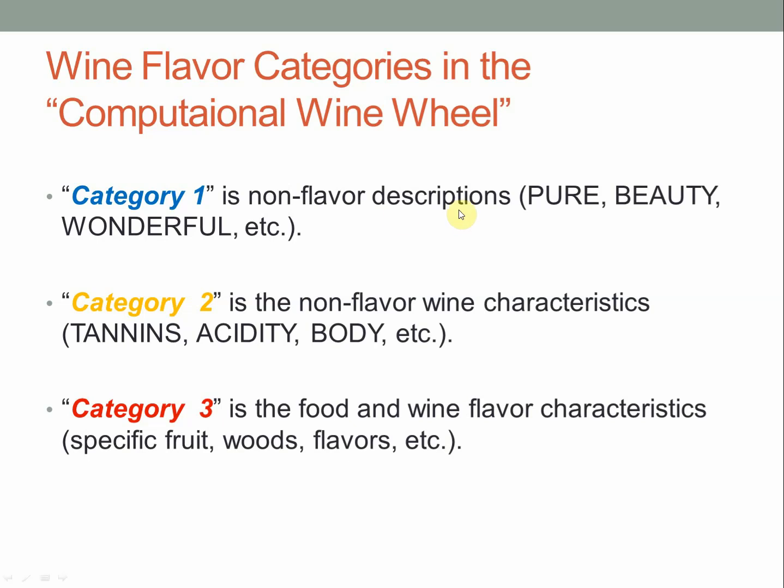Obviously, if you have these beautiful, wonderful words inside the wine descriptions, they are more likely to have higher scores compared with wines that don't have those. Category 2 is non-flavor wine characteristics, such as tannins, acidity, body, etc. And category 3, the red one, is considered the traditional food and wine flavor characteristics.